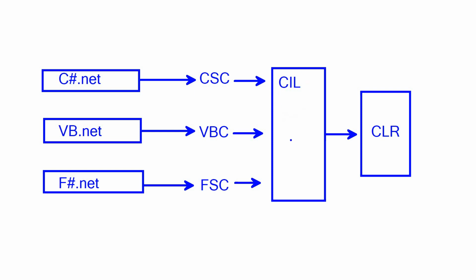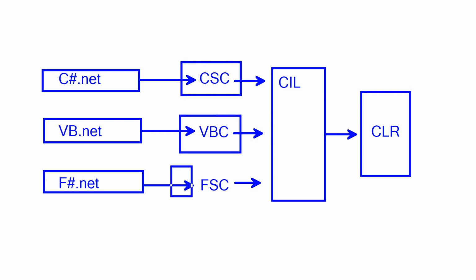Now we can see every programming language in .NET requires a separate compiler, and every compiler in .NET will convert the source code into one single IL code, that is common intermediate language code. Once the common intermediate language code is generated, it is the same for CLR.